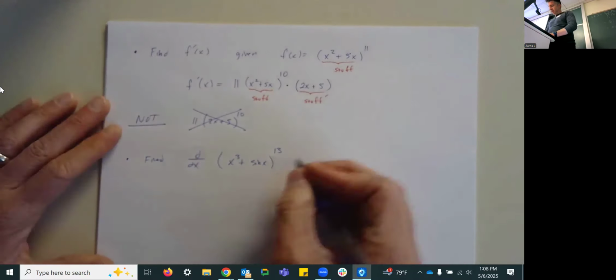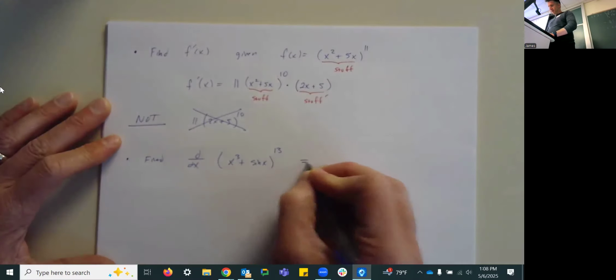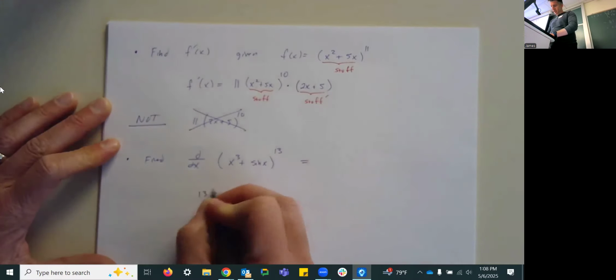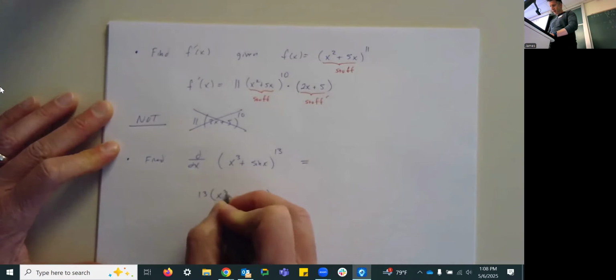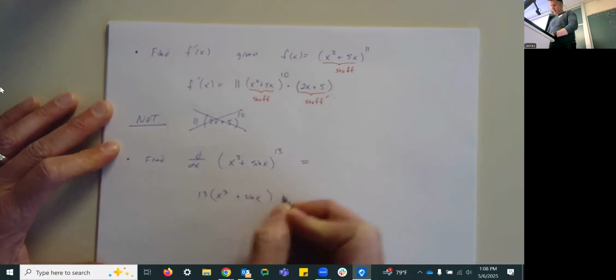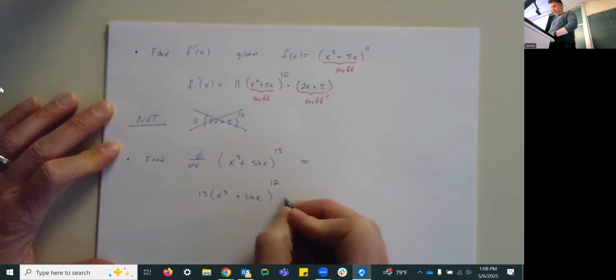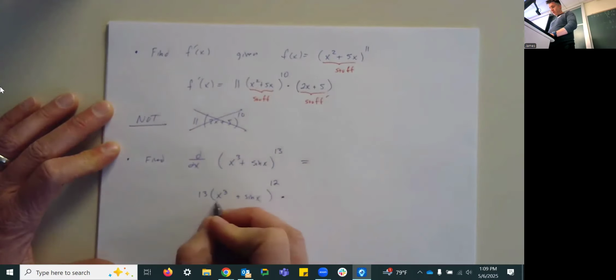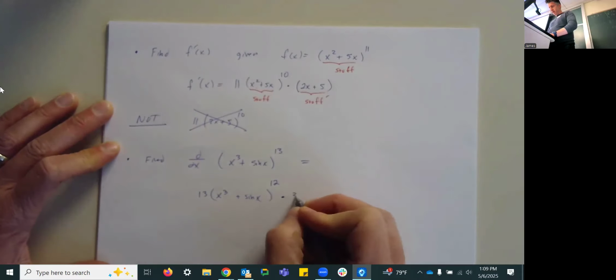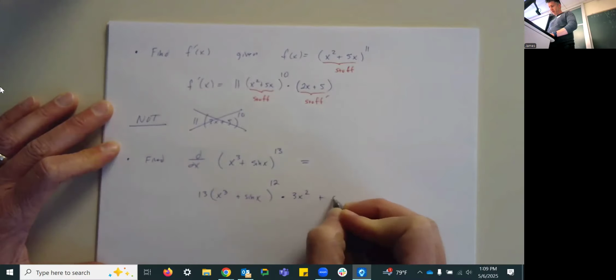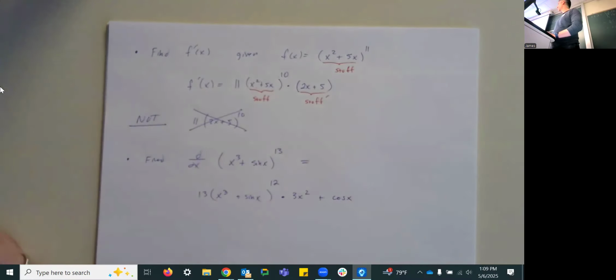All right, we'll start writing it out here. So we're going to get 13 times the same stuff, x cubed plus sine of x, raised to the 12th power. And then we're going to multiply by the derivative of that, which is 3x squared plus cosine of x.